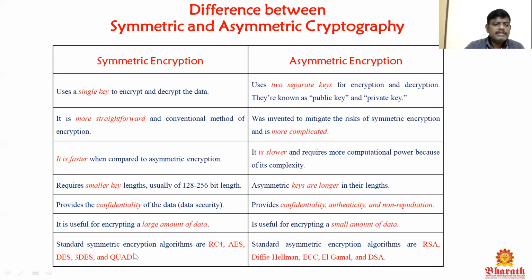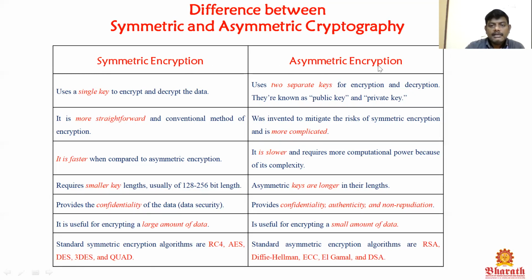Last difference, that is the standards. Whatever standards we have used for symmetric and for asymmetric. Here in symmetric: RC4, AES, DES, 3DES, and Quad. These are the encryption algorithms used in symmetric encryption or symmetric cryptography.